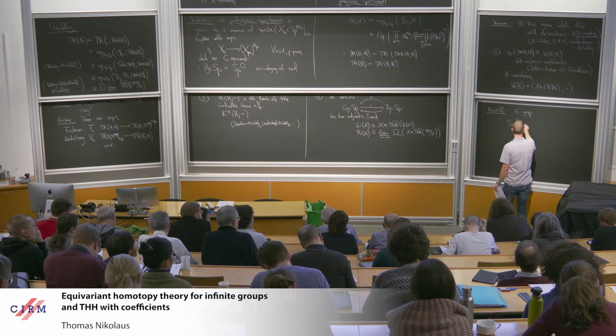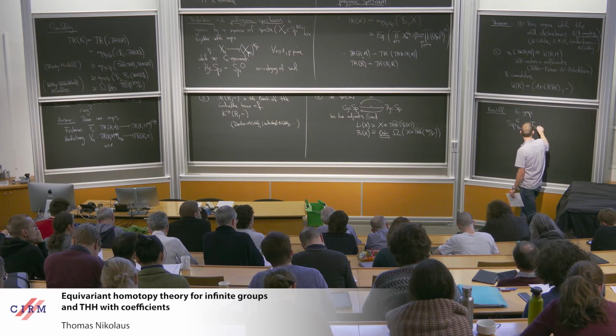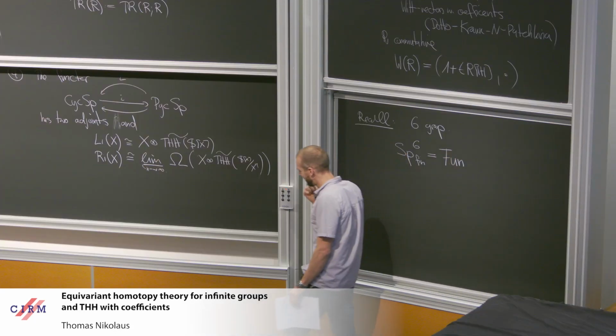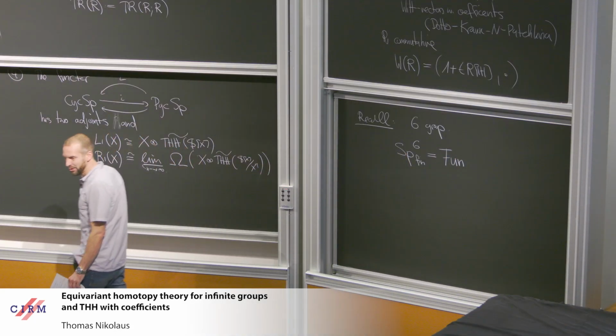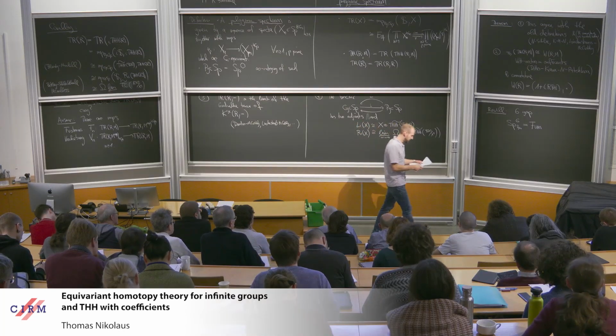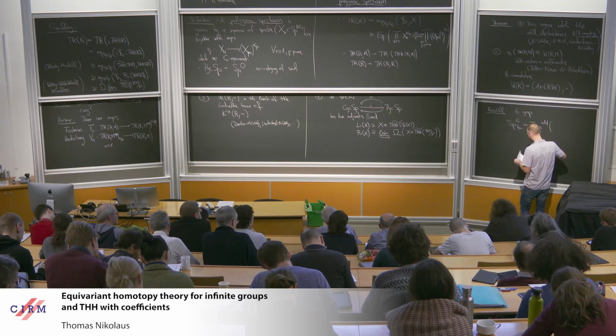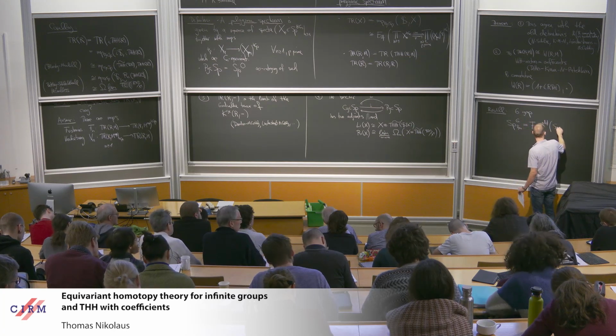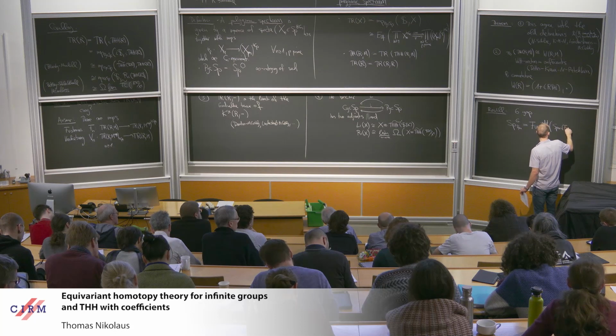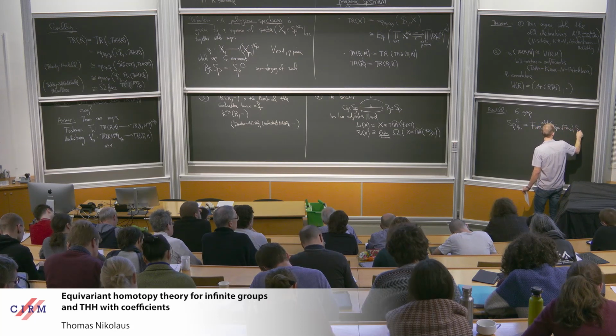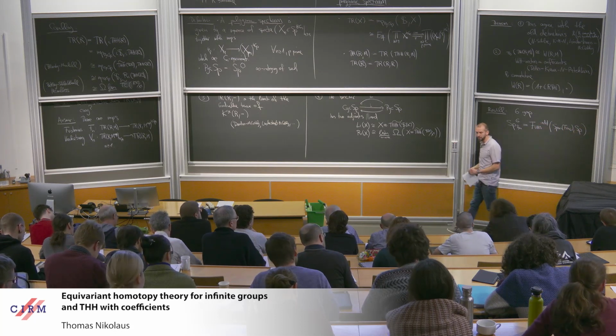And so what is this? One way of writing this, following work of May, Guillou, and later Clark and his collaborators, is that we can write this category as additive functors from the category of spans of finite G sets into spectra. What are finite G sets?